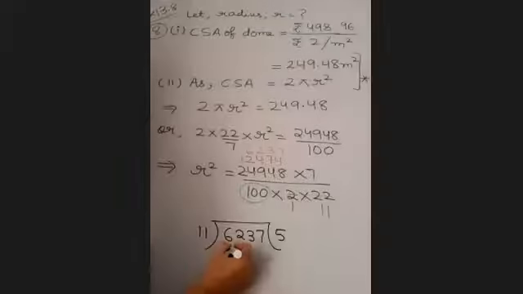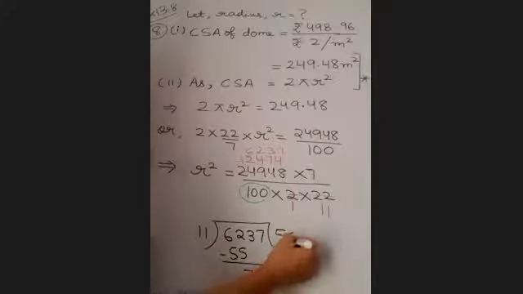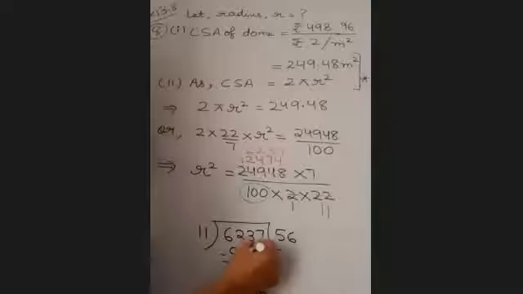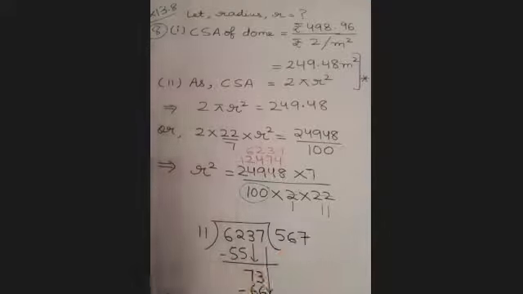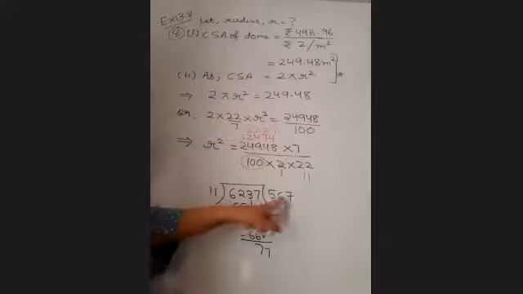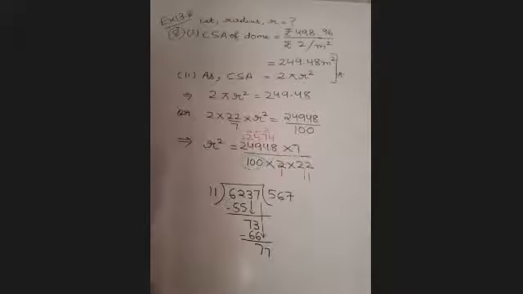11 fives are 55, 11 sixes are 66. What are you getting? 560, 7, 567.